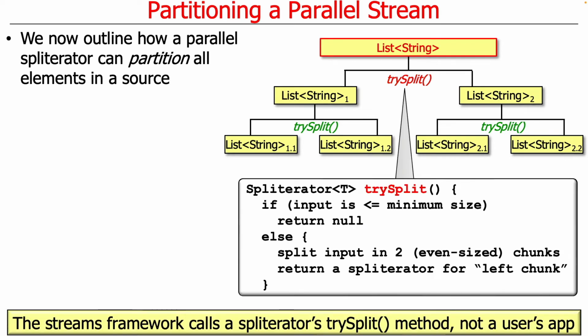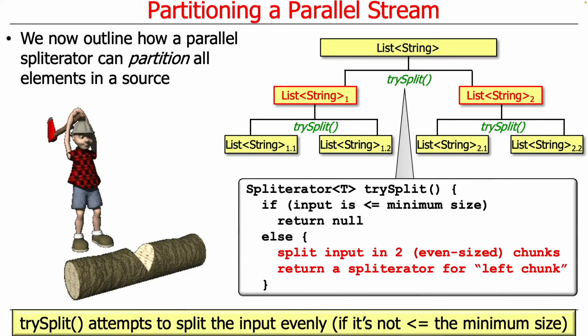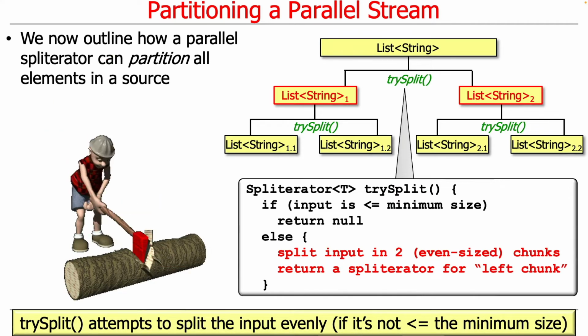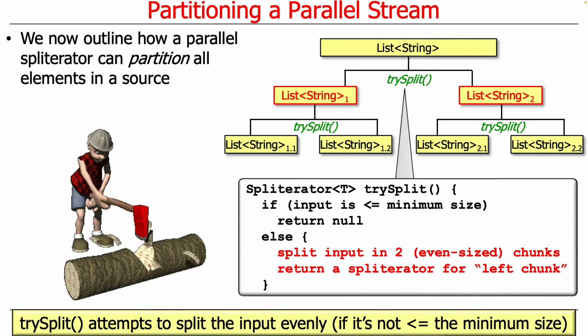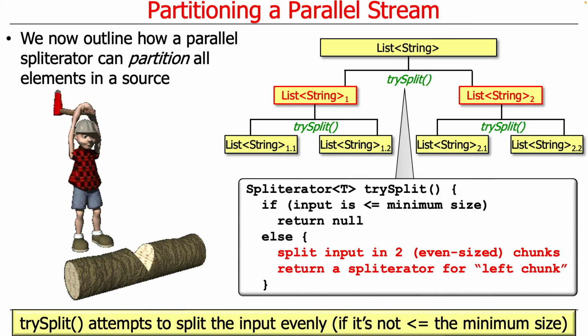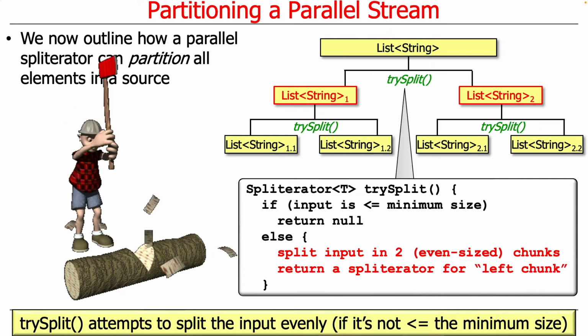And we'll see here that the trySplit method is what does this. This method is called internally by the streams framework. So you don't typically call trySplit yourself unless you're implementing your own spliterator, but it's called for you by the streams framework. The goal of trySplit is to try to split the input evenly if possible, and it does a little sanity checking as part of that process.